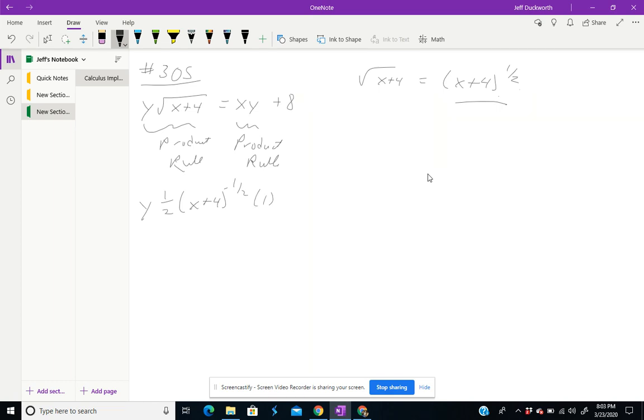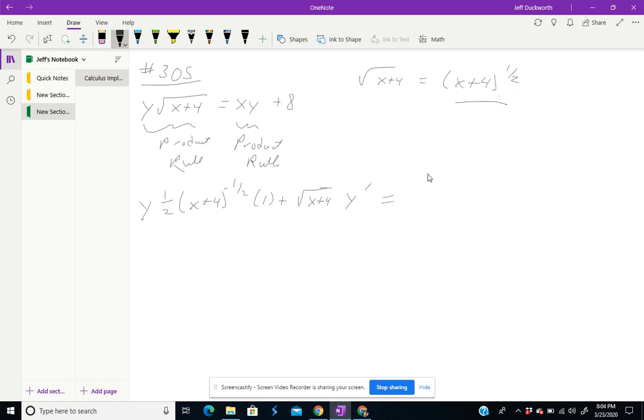And this time I'll write the 1 down. Derivative of x is 1, derivative of 4 is 0, so derivative of that is just 1. This is only half of the product rule, however, so this we're going to be adding to root x plus 4 times y prime. And again, this one I've changed just for ease, but that's all right.